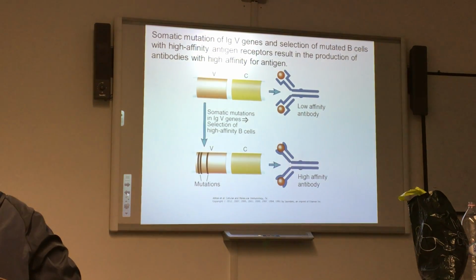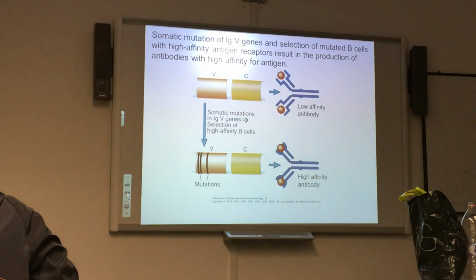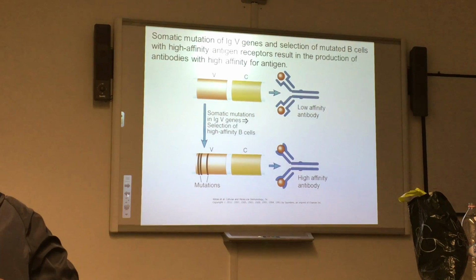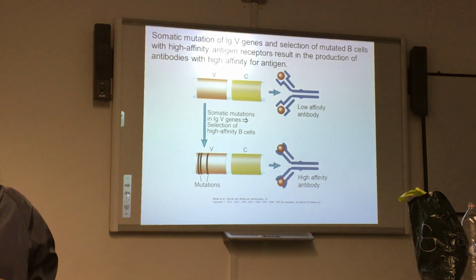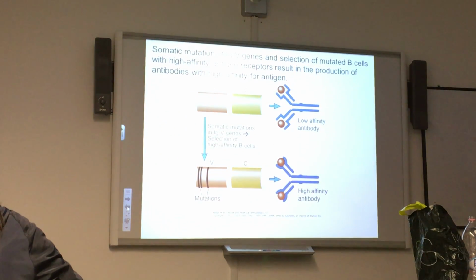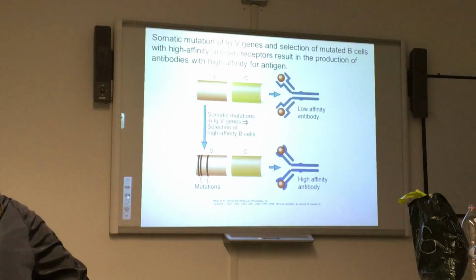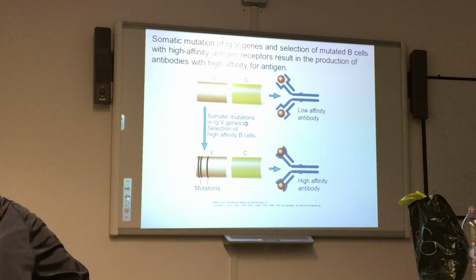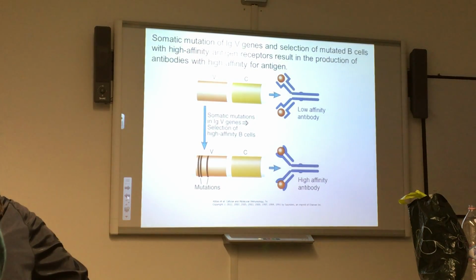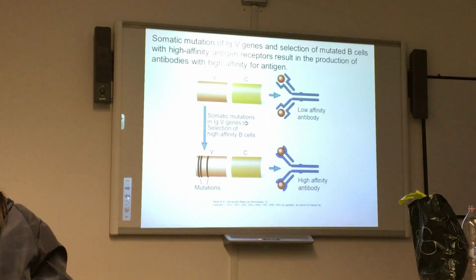And in this fragment of the gene the base pairs can be mutated, okay? And it will lead to the affinity maturation, which means not a different specificity. So the specificity is the same, but the affinity is higher after the mutation.